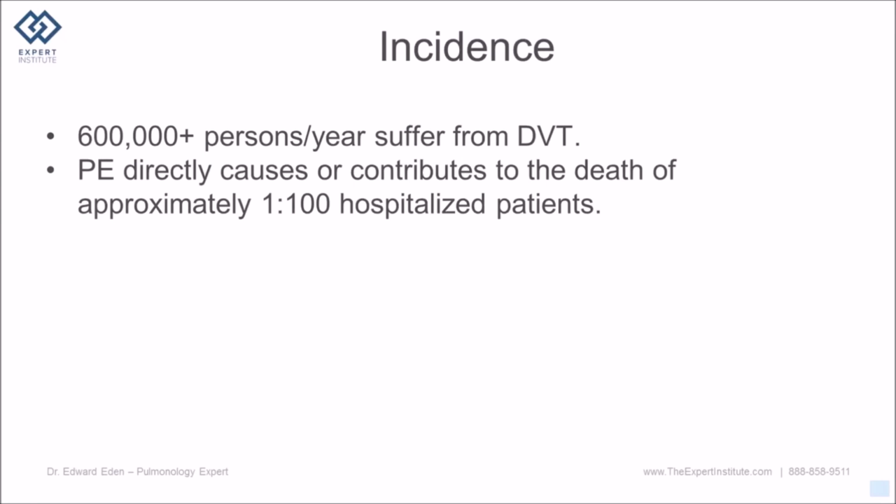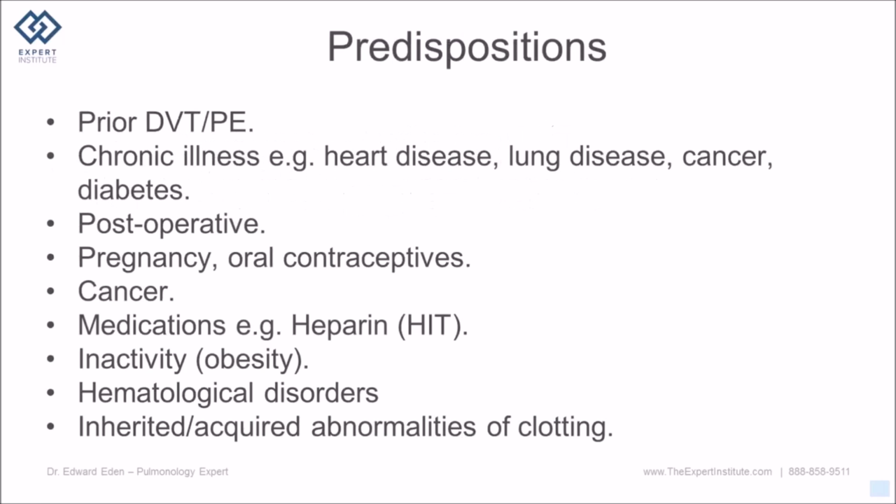And it's been estimated that in hospitalized patients, approximately 1 in 100 suffer directly or indirectly from the effects of pulmonary embolism. That's quite a burden in healthcare, and many hospitals are focused on the prevention and mitigation of pulmonary embolism and venous thrombosis. Next slide, please.